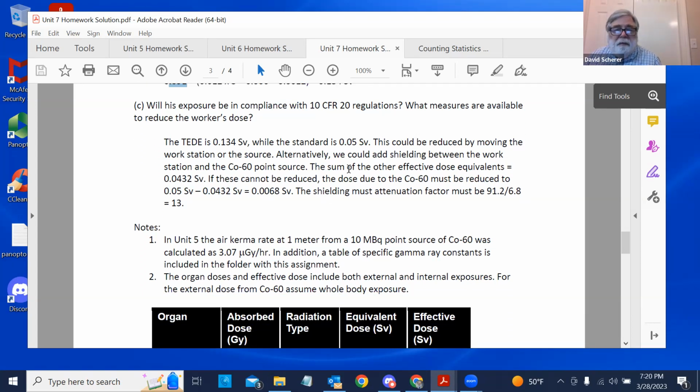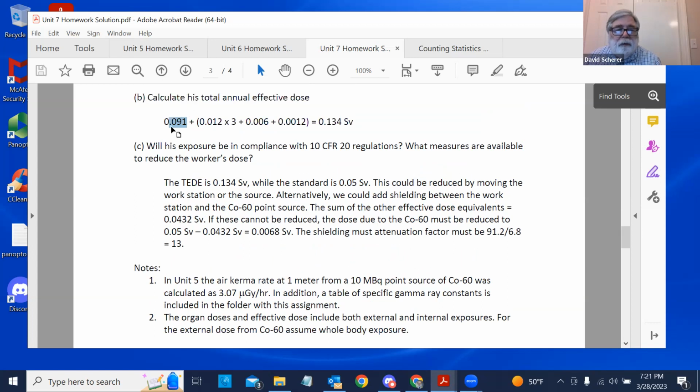And so I calculated how much we have to reduce the exposure. So we have this 0.134, right? And we need to reduce his total exposure to 5 rem. If 4 rem is due to the internal exposures and they can't be reduced, and we have to get 5 rem total, that leaves less than 1 rem from that external exposure.